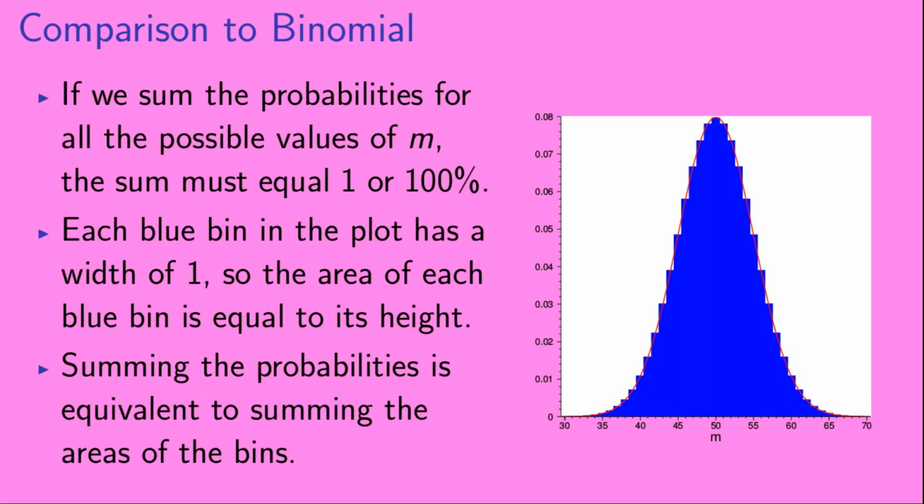If we sum the probabilities for all the possible values of m, the sum must equal 1, or 100%. Each blue bin in the plot has a width of 1, so the area of each blue bin is equal to its height. So summing the probabilities is equivalent to summing the areas of the bins.